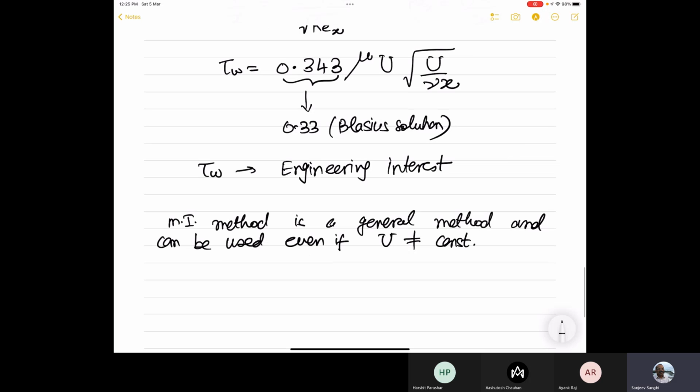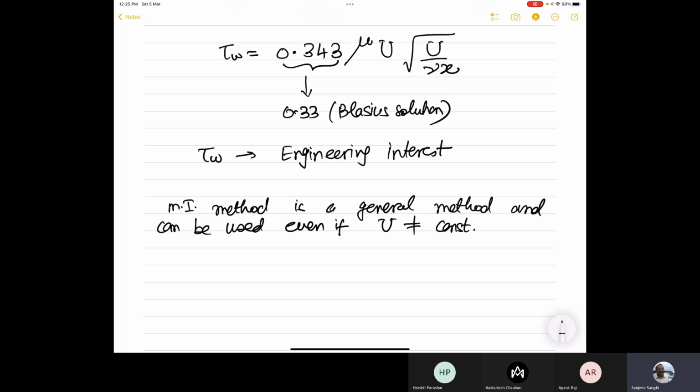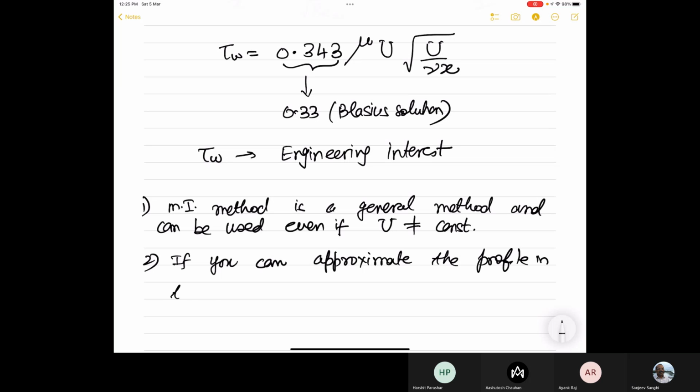And sometimes, if you can approximate the profile in the boundary layer, the velocity profile, and this could be by experiments, then use this for f of eta.